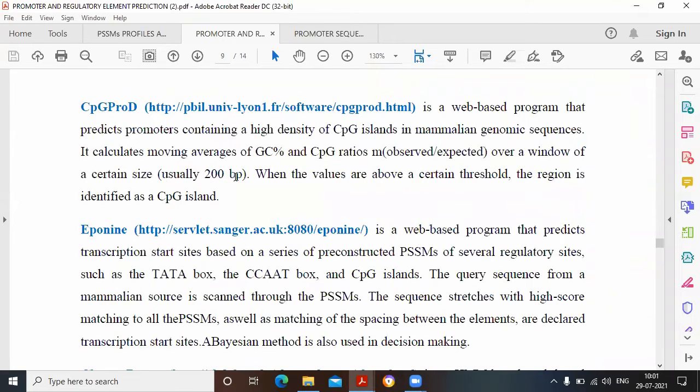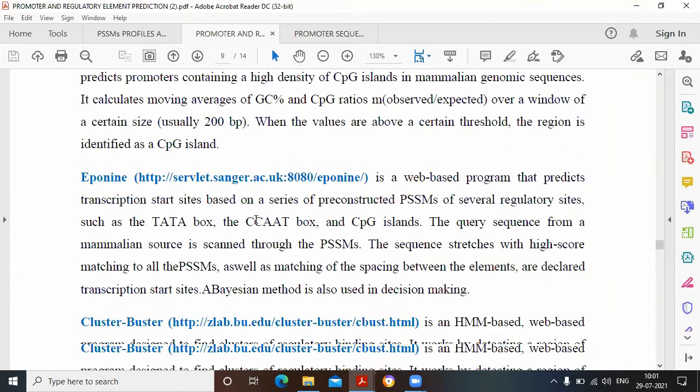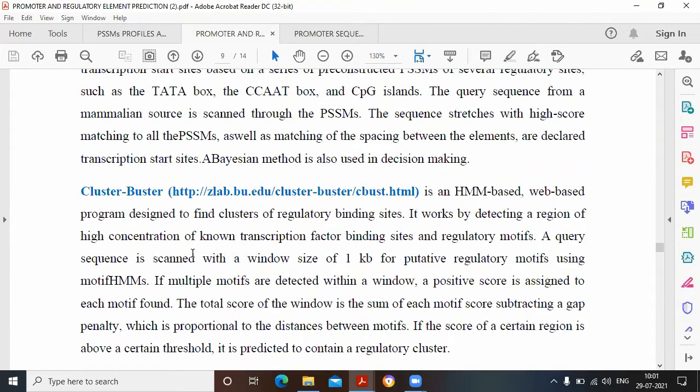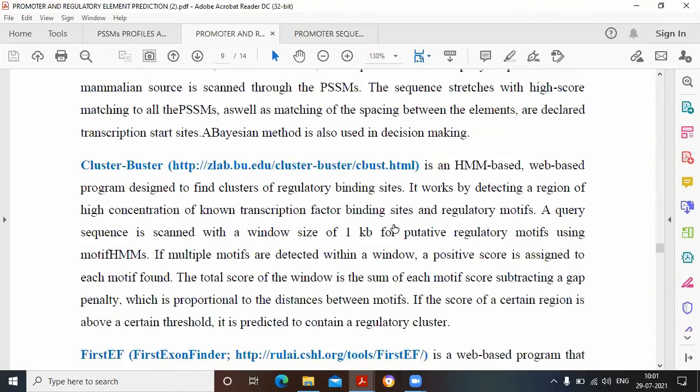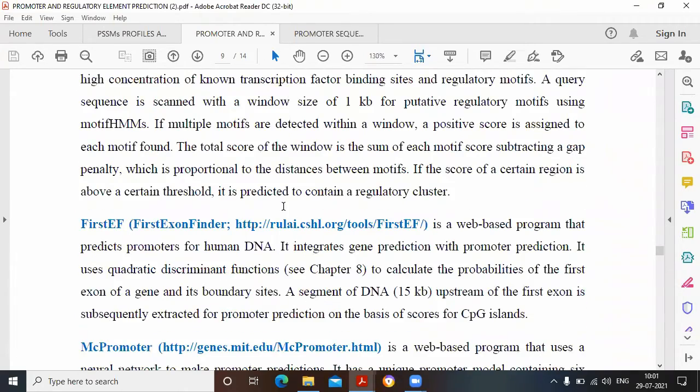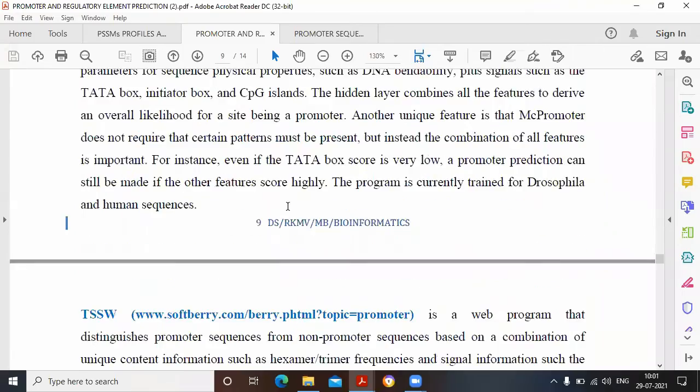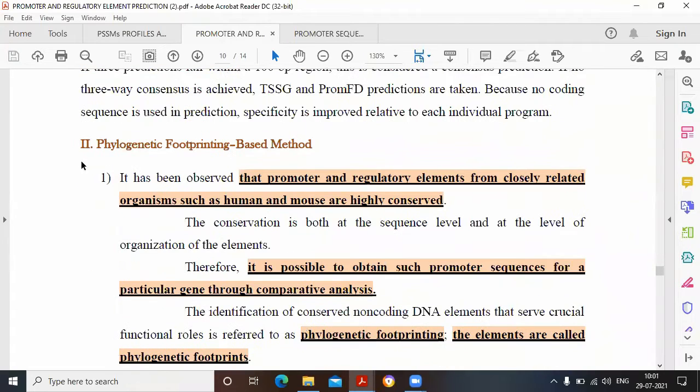And here there are also tools like GPG Prod, etc. These are all different open source tools, and basically they work with hidden Markov models and artificial neural network processes. The second type of algorithm is the phylogenetic footprinting based method.